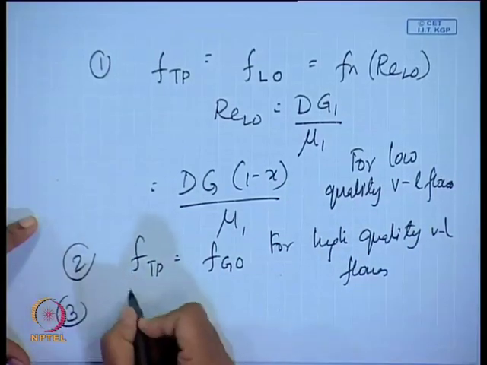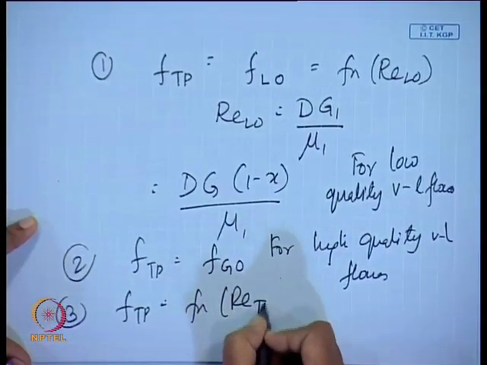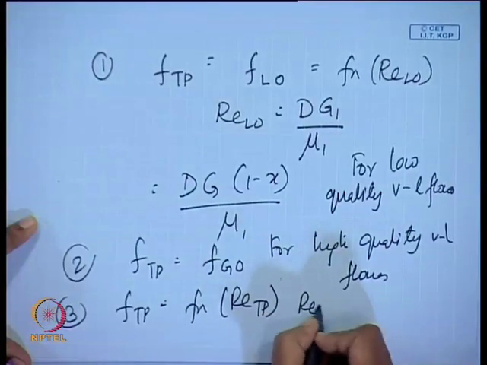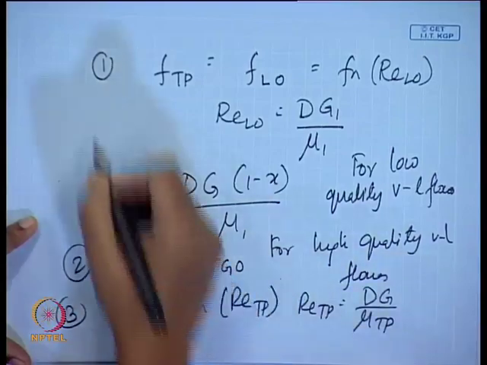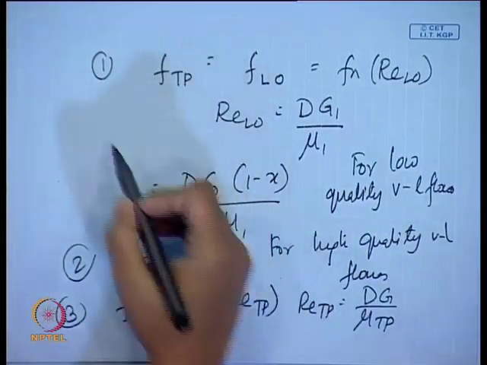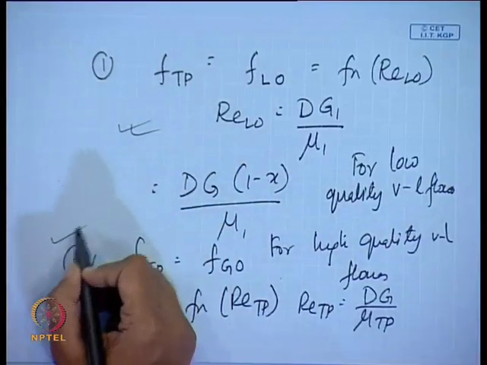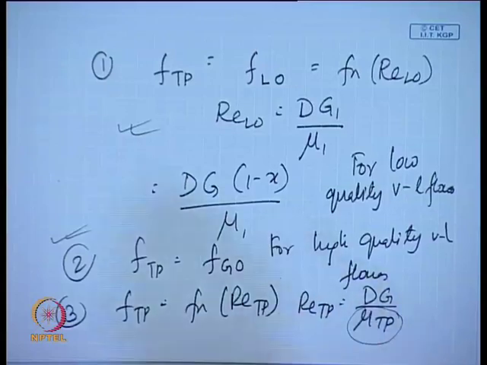And the third is FTP as a function of Reynolds number, where Reynolds number is dG by mu TP. These are the three ways by which we can define it, and we find that there are problems with them. The first two are for very idealized situations, and here the problem is to define mu TP. So in the next class we will be discussing different ways of deriving mu TP, number 1.